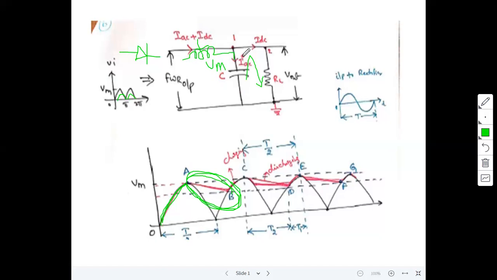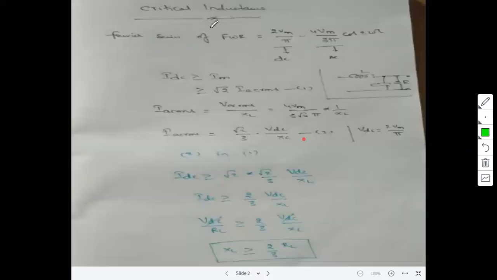Due to this, the DC output voltage reduces. To avoid that problem, we have to calculate the minimum inductance, or critical inductance value. This is the critical inductance.